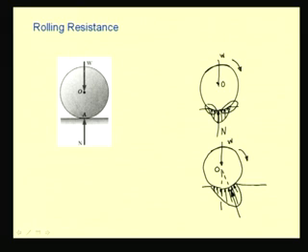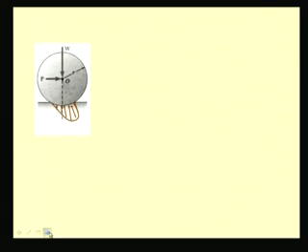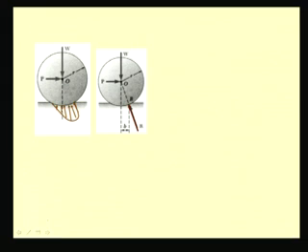So, this point of contact now would have shifted by a distance, say B. So, that is what you see in this picture, that the resultant of these forces have shifted from the point vertically below the axle or the center of the wheel to this point B, whose horizontal displacement is B.